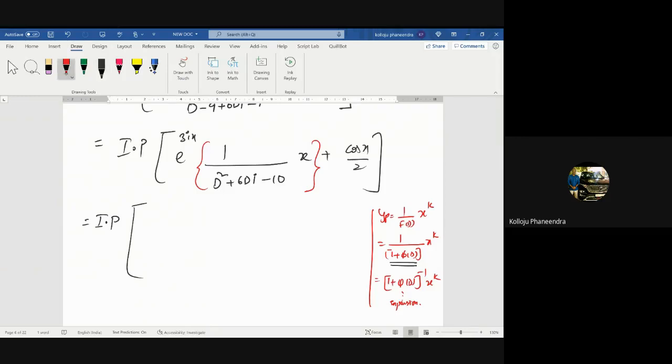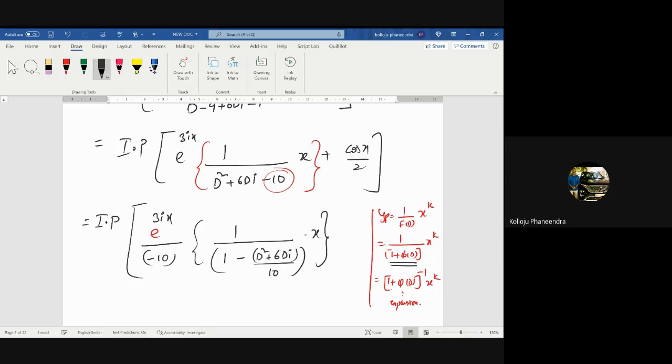Least degree term means what? This minus 10 is the least degree term. So e to the power of 3ix by negative 10 is common. Then this becomes 1 by 1 minus d square plus 6di by 10. Is it correct? Into x. This is over, plus cosine x by 2 is there.